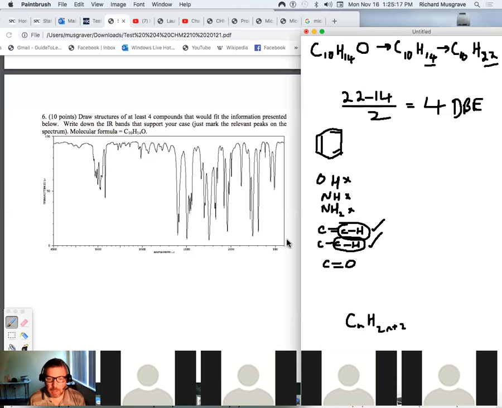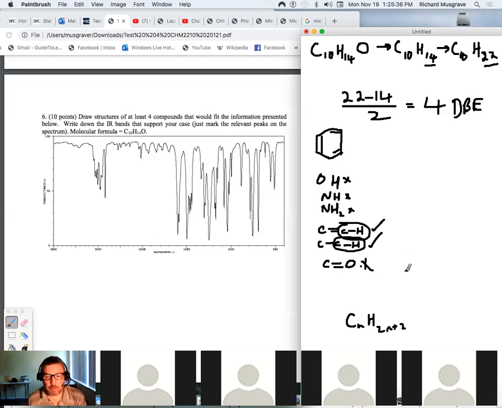We have alkane and alkene CH present because you can see it straddles 3000. And there's no C double bond O because there's nothing in the 1700 to 1850 region.